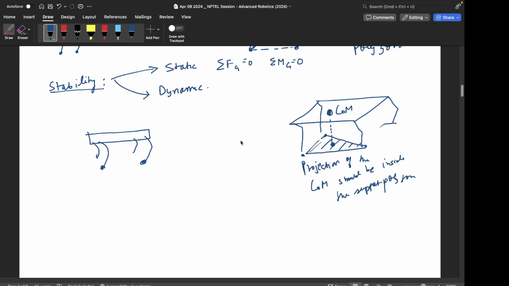And as you would imagine, let me give an example. So when you are riding a bicycle, and at a certain speed, you are able to maintain the upright position of the bicycle, right?